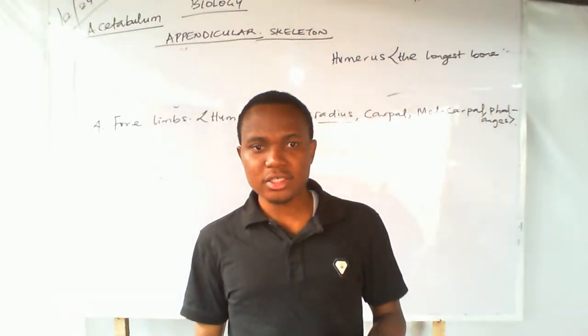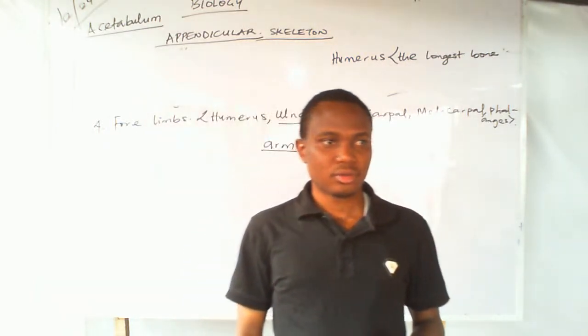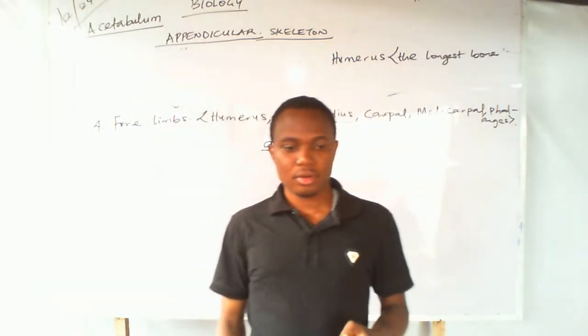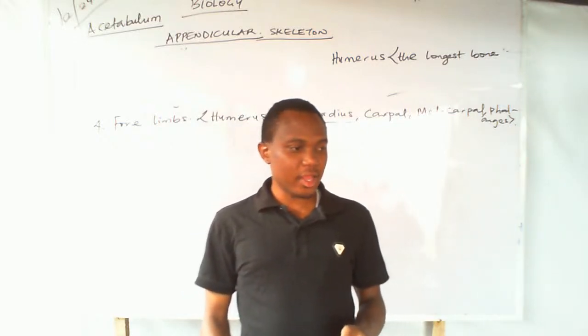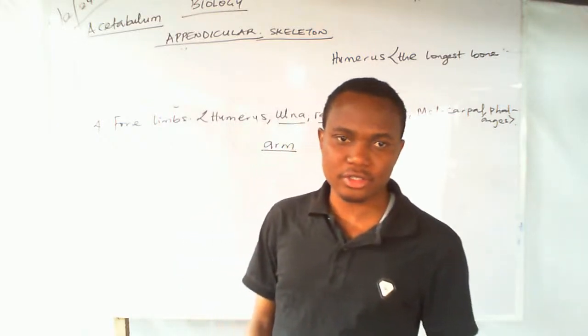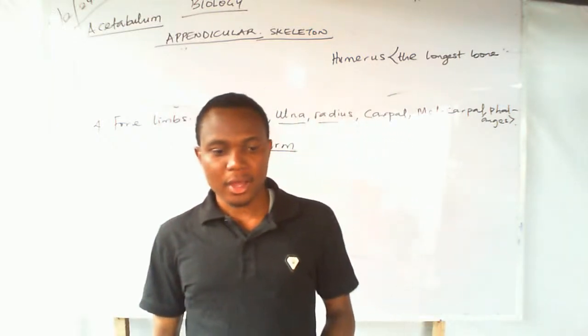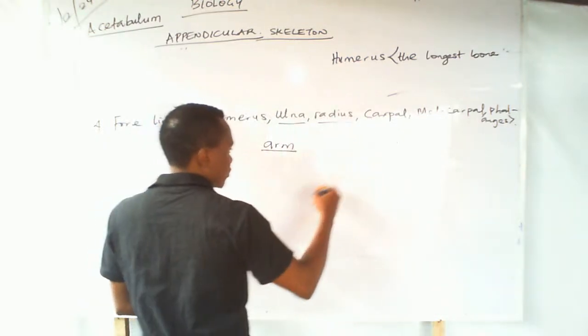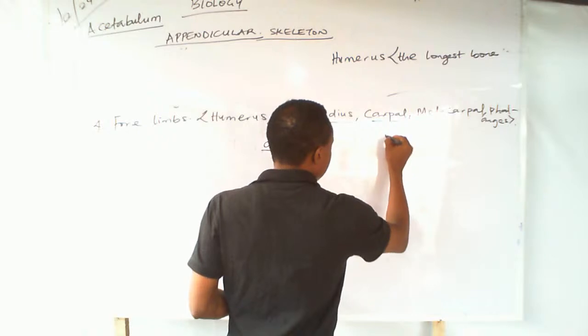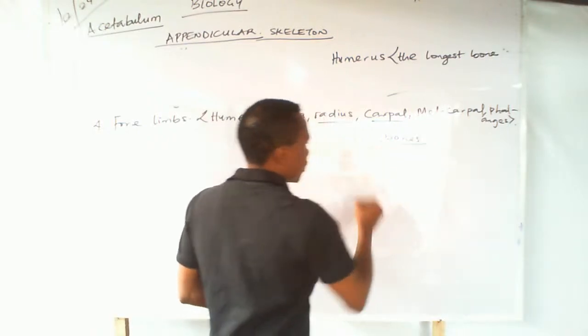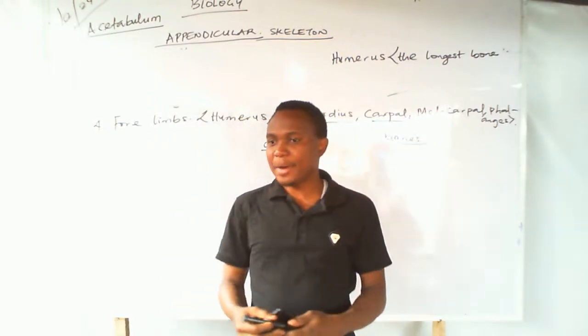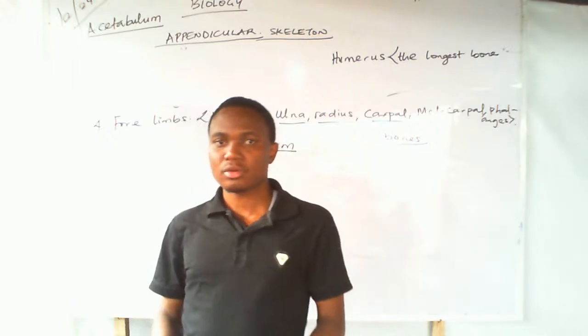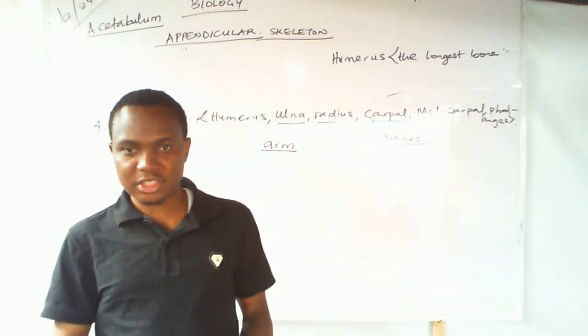At the end of the ulna and radius are the carpal bones, which form the wrist.